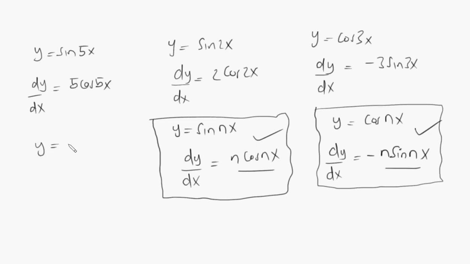Whereas if it were y equals cos 5x, the answer would be negative 5 sin 5x. Okay, so for any positive integer you put there, you will see that it works this way.